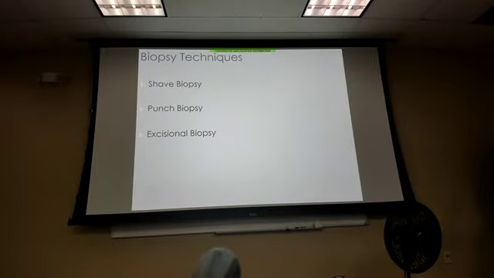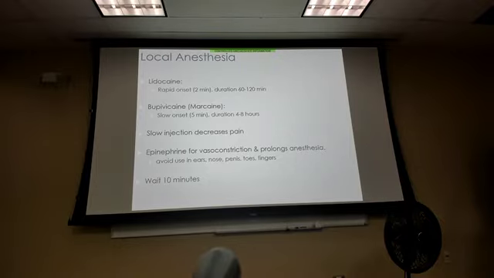When we do all of these things, except for some of the shaves, we'll be using some anesthesia. We can use lidocaine, which is a rapid onset, so it'll be there in about 2 minutes, and that'll last up to 1 to 2 hours. We can use bupivacaine, Marcaine, slow onset, so it takes a little bit longer, but it's going to last much longer, 4 to 8 hours.